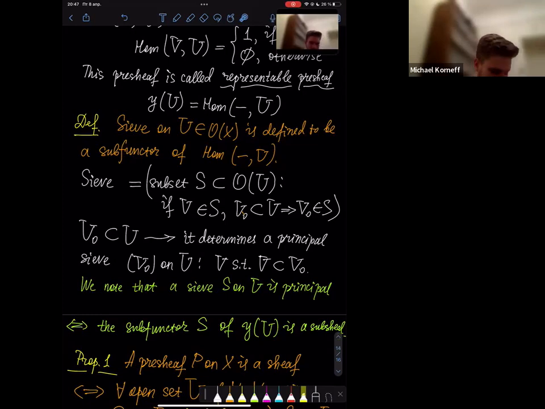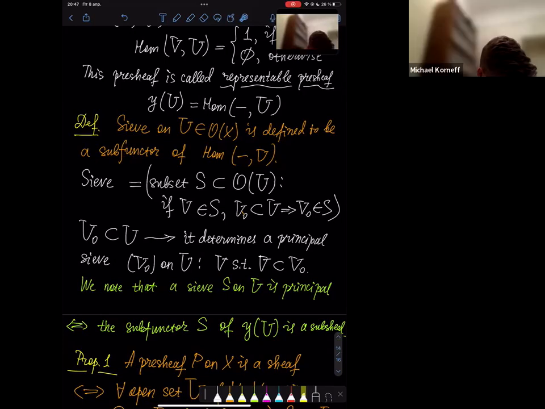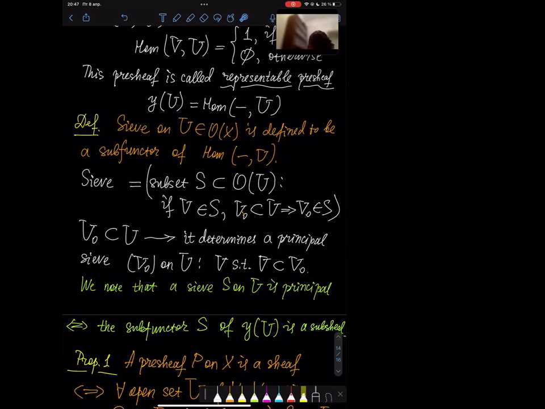Yes. So the choice of this S is a choice of some open cover which is closed with respect to intersections, right?